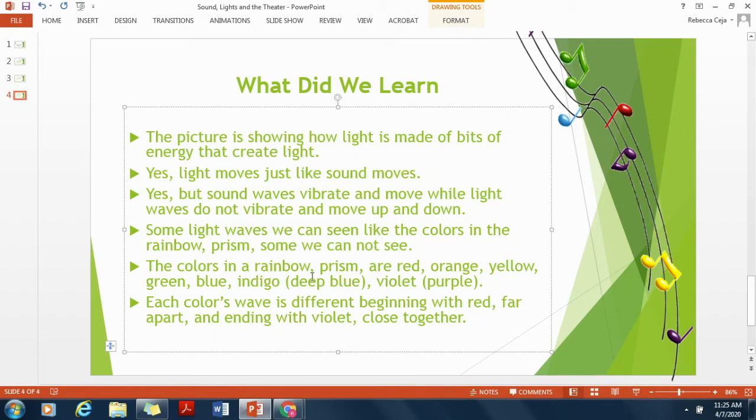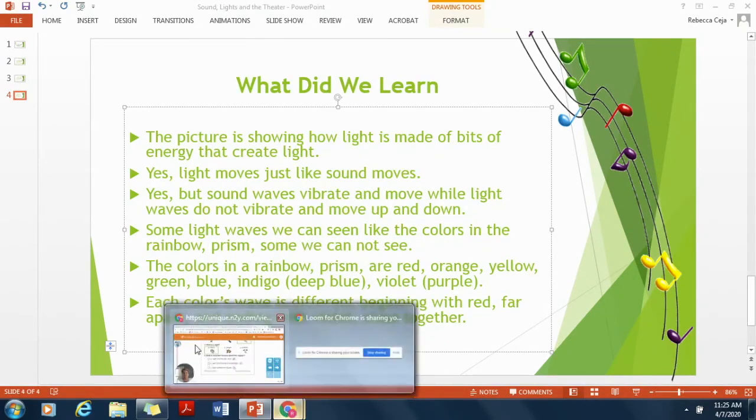Then colors in a rainbow or a prism are red, orange, yellow, green, blue, indigo, which is that deeper blue kind of headed to a purple, violet, which is a brighter purple. And then each color's wave is different, beginning with red, that is far apart, and ending with violet, which are very close together.